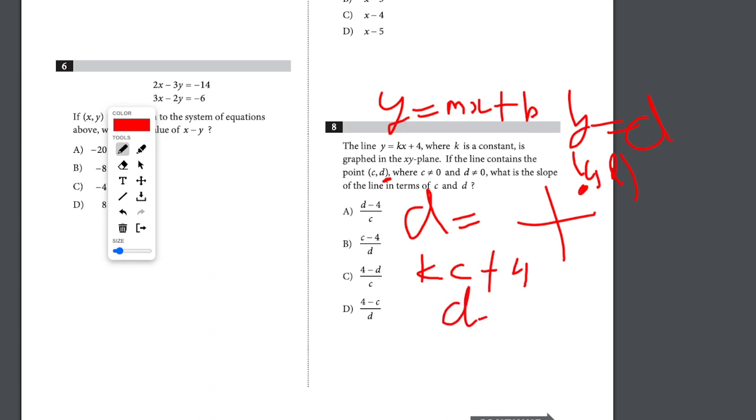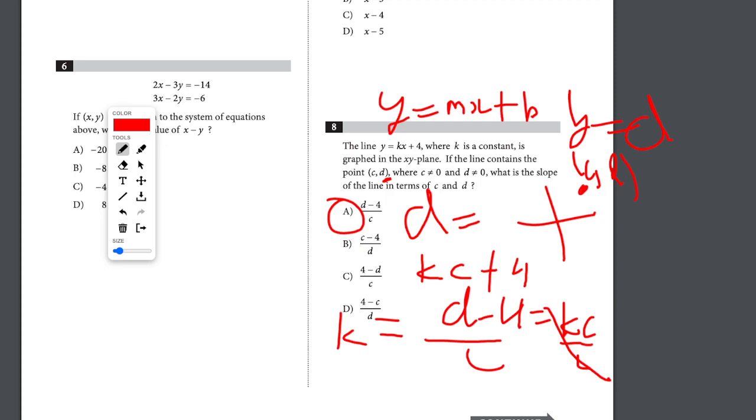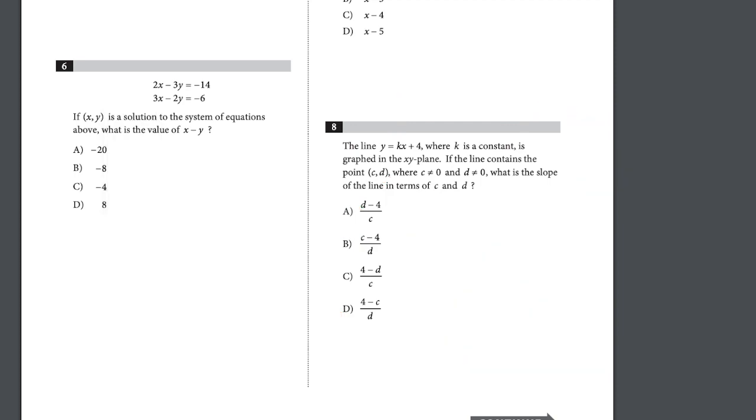So we'll subtract 4: d minus 4 equals kc. Now we just divide by c on both sides, so k equals (d minus 4) over c, which is option A. Alright, cool.